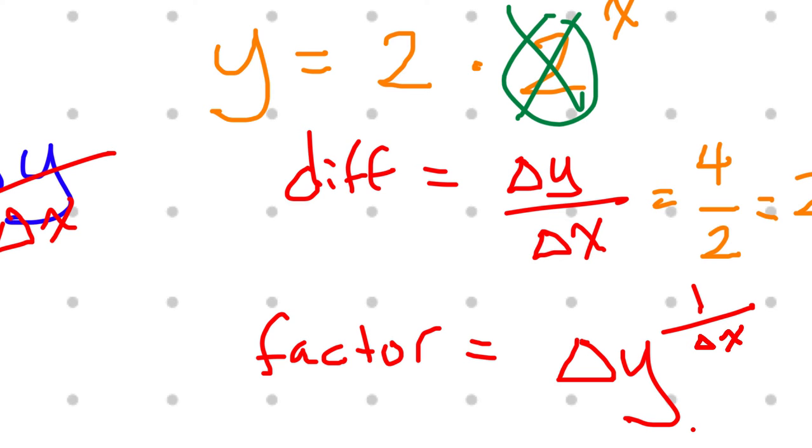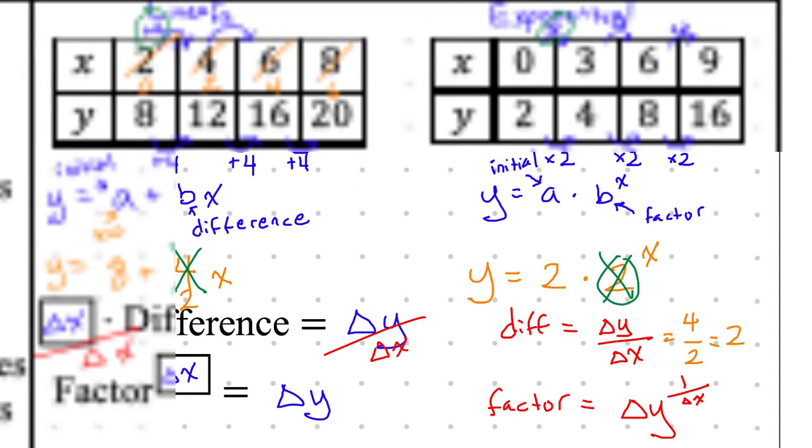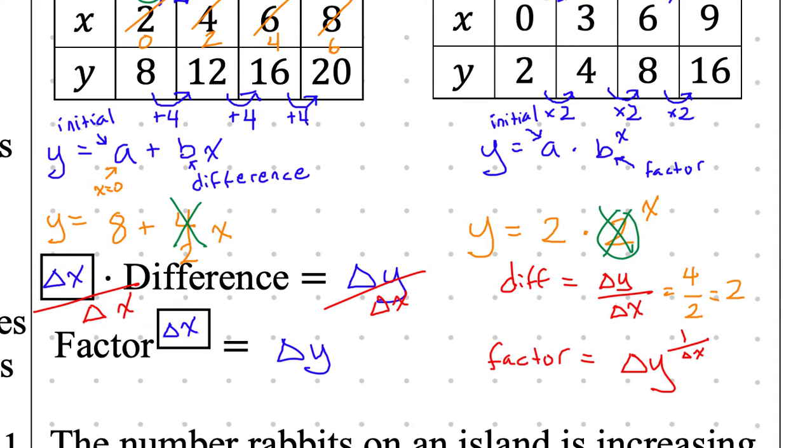Yeah, Kira. I'm still confused about the equations where you went delta x times difference. I thought you were replacing the difference with delta x, but you're replacing a with delta x. So remember that difference is how much I'm moving to get from here to here. You're still leaving 4 there even though you crossed it out. I'm missing values in the table.